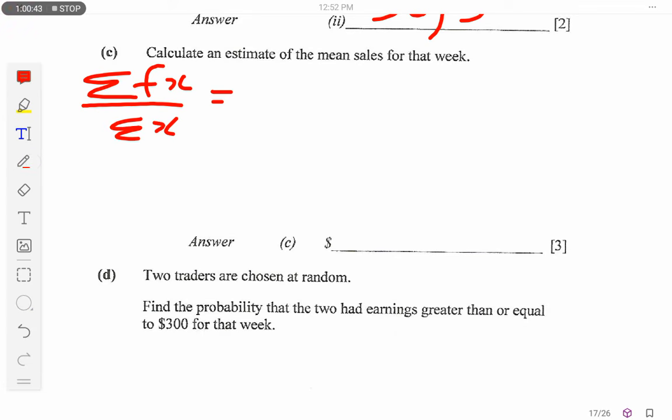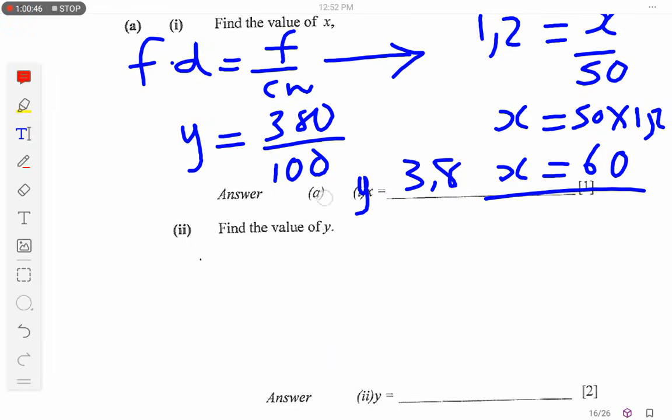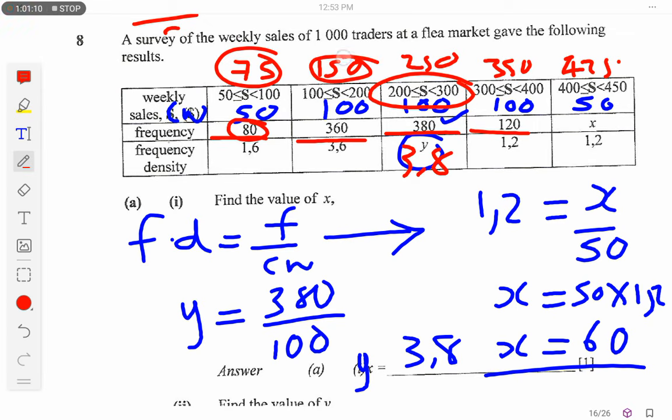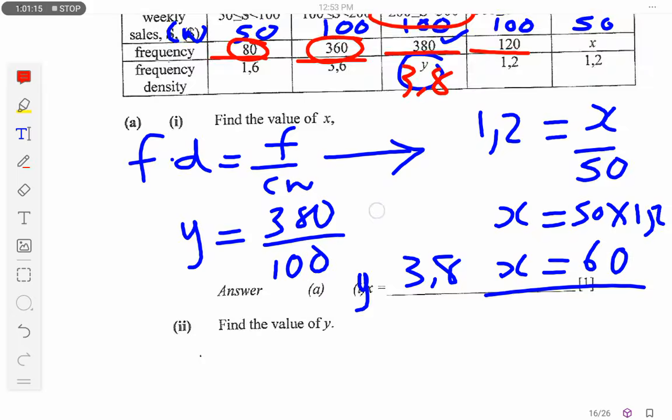For the midpoint of each class, 50 to 100 is 75, 100 to 200 is 150, 200 to 300 is 250, 300 to 400 is 350, and 400 to 450 is 425. So we are going to use those ones. Then we multiply with our frequency there, 80 and 75, 150 by 360. Then we add and we divide everything by 1,000 traders there.